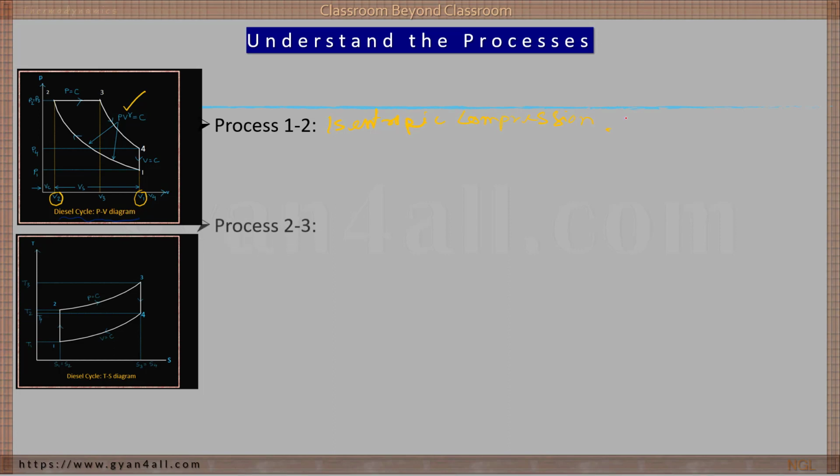Next is process 2-3. What type of process is it? From the PV diagram, look at process 2-3 in the upper diagram. You can also see the TS diagram. Isobaric expansion. Good. You use the word isobaric.